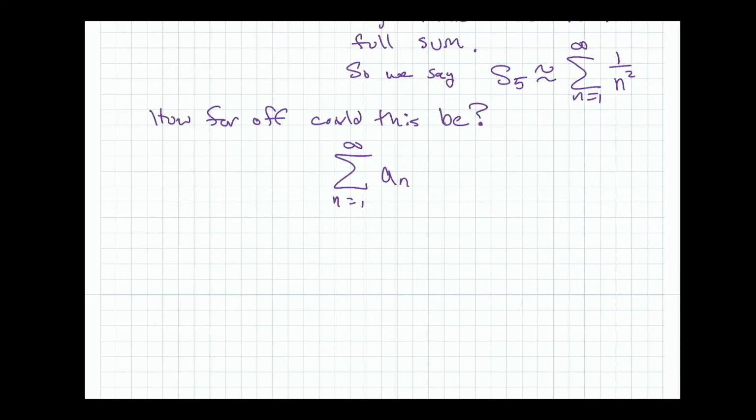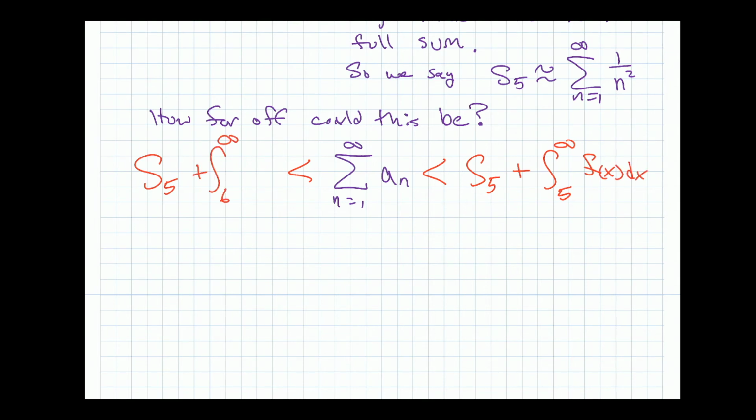So when you're trying to calculate the full sum, it turns out that it's in between the first 5 terms. I'm writing this with 5, but we can do it with any. So it's stuck between S5 plus a certain integral, in this case from 5 to infinity, and another integral from 6 to infinity. And that's what it's stuck between.